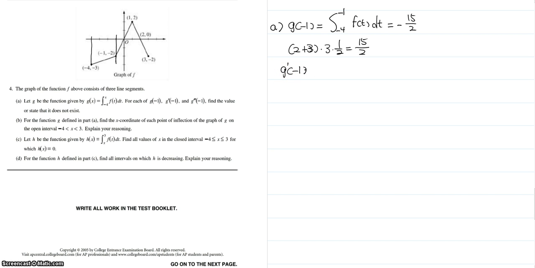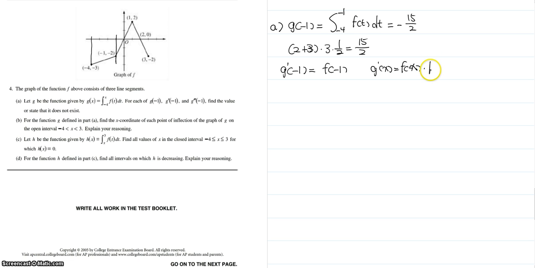Now let's look at the second one, g prime of -1. According to the second fundamental theorem of calculus, g prime of -1 is the same as f of -1, because g prime of x is just the same as f of x. If you take the derivative of the integral, you just have the function itself times the derivative of x, and that derivative is 1.